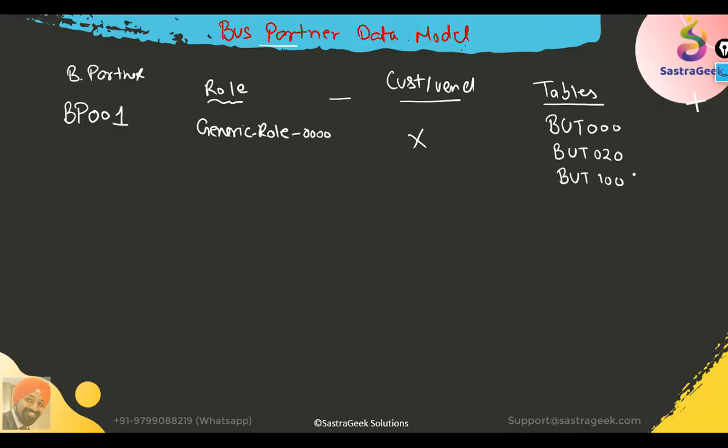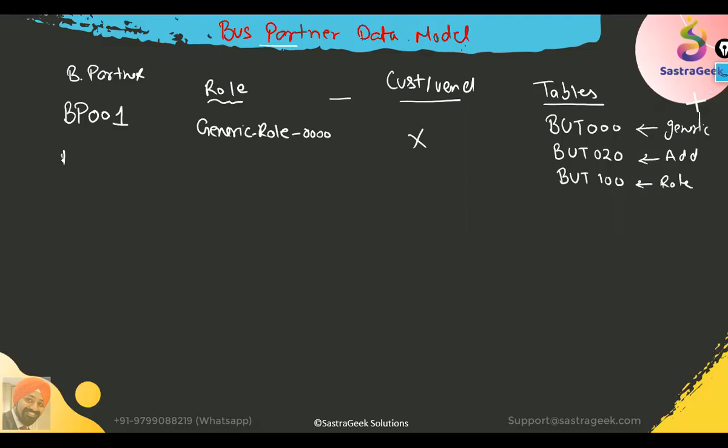Tables get updated. BUT100 for role. This would be having your address information, and this would be having your generic information about business partner. So these are the tables which will be getting updated when you create a business partner. Right now, neither it's a customer nor it's a vendor.